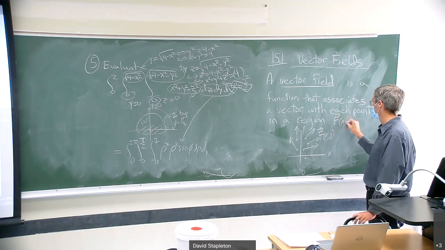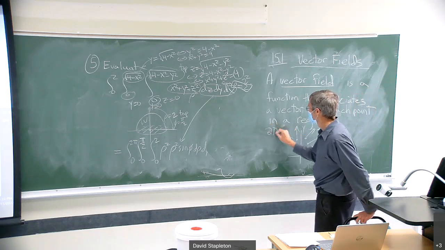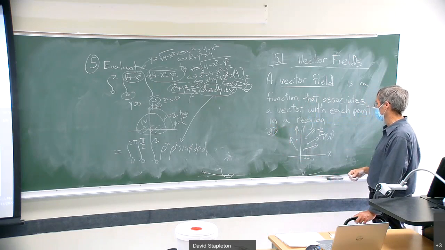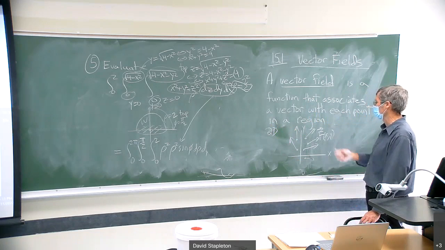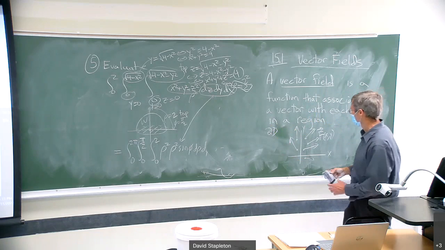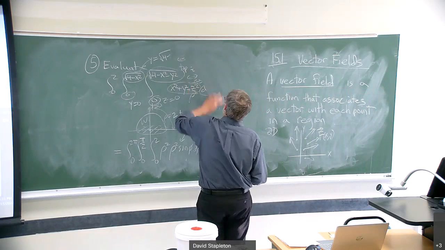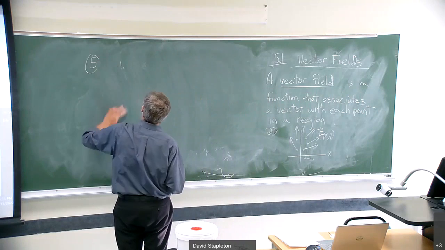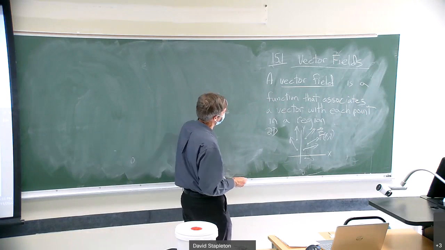At each point x, y in the plane, this is 2D, you associate a vector in 2 dimensions. In 3 dimensions, you have 3-dimensional vectors at each point. The vector is supposed to have the same number of dimensions as the space you put it in. It's things like velocity fields and force fields. It can also be an electric field, which is almost the same as force.